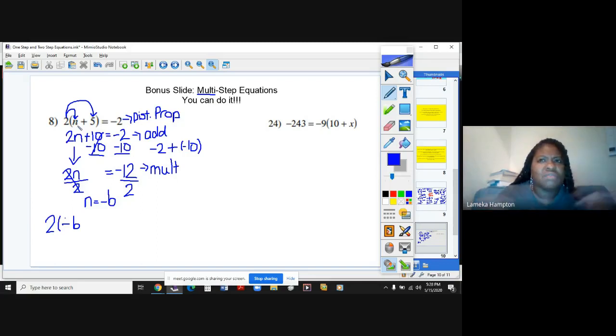So I'm going to say +5, and that is equal to -2. There are one or two ways that you can solve this problem, but because I'm running out of room, I am going to do the easy route, and I am going to work within parentheses first. You can technically do the distributive property, but because I'm running out of space, I am going to just work what is in here.